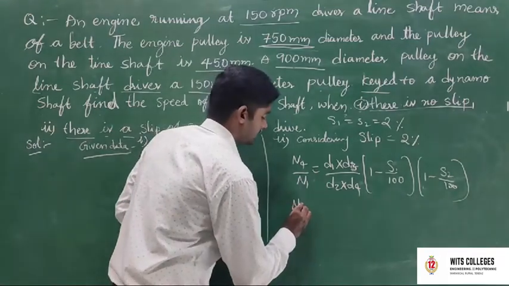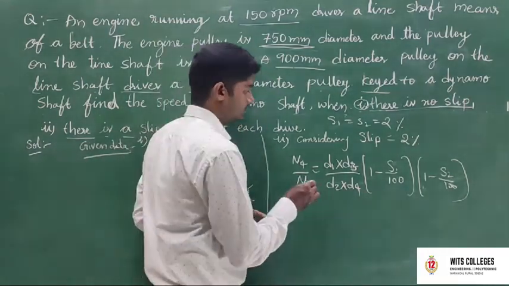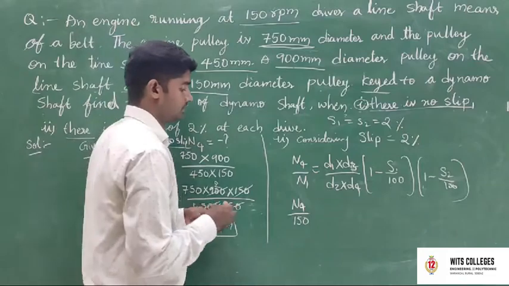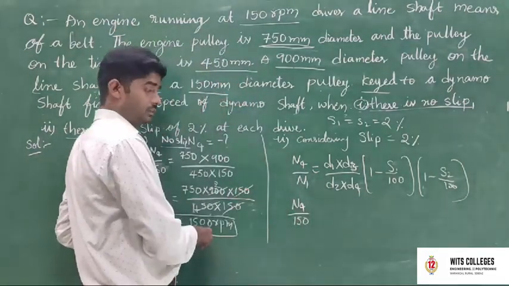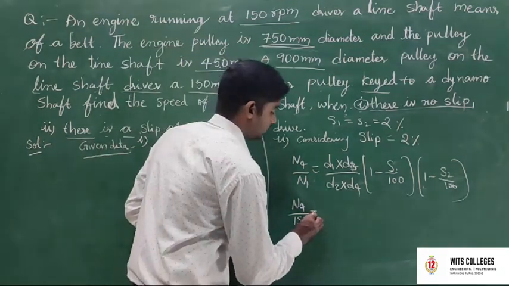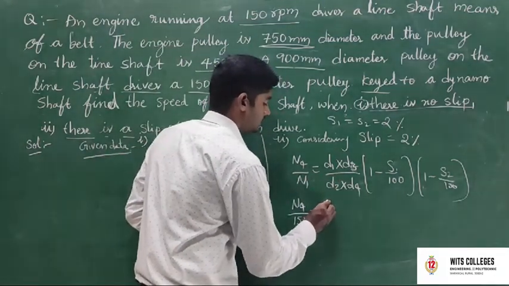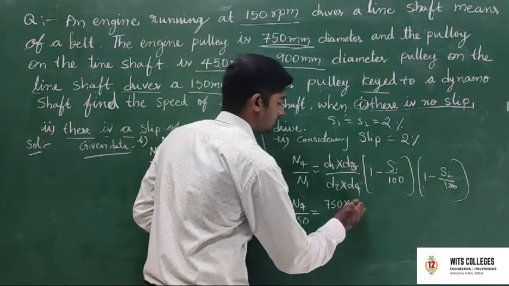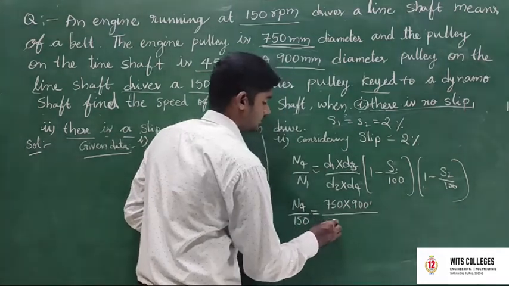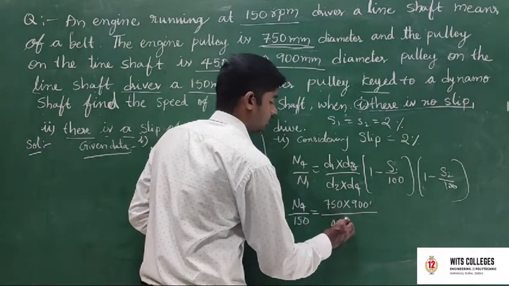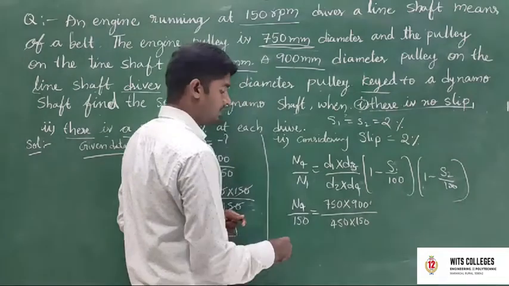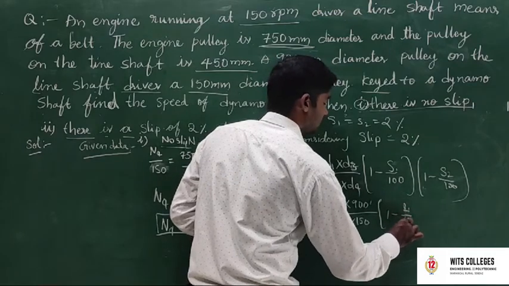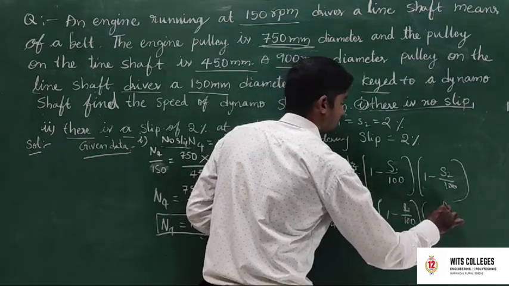Substituting, N4 by 150 is equal to 750 into 900 by 450 into 150, into 1 minus 2 by 100 into 1 minus 2 by 100.